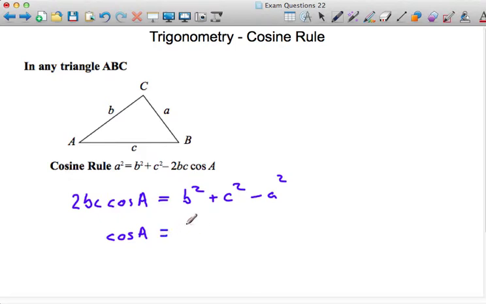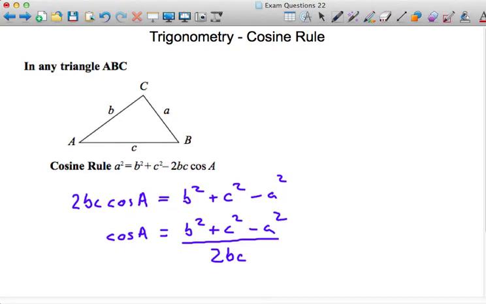So the formula becomes b squared plus c squared minus a squared, all divided by 2bc. Now let's see how that relates to this triangle. We're saying the cos of this angle is this side squared plus that side squared minus that side squared, divided by 2 times this side times that side.